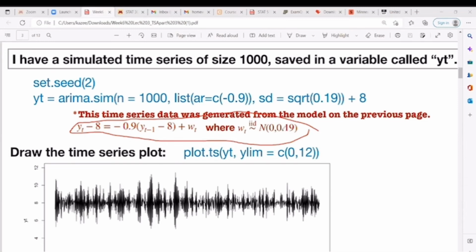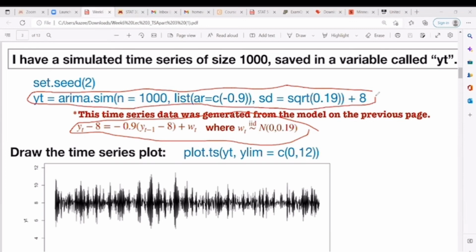So if I want to do the simulation now, if I want to generate my data set, this is the code. I'm going to use what we call arima.sim. So here, you know what I'm trying to do?